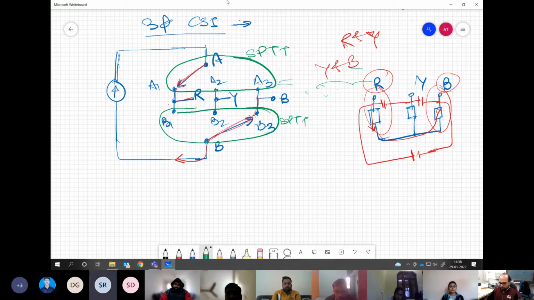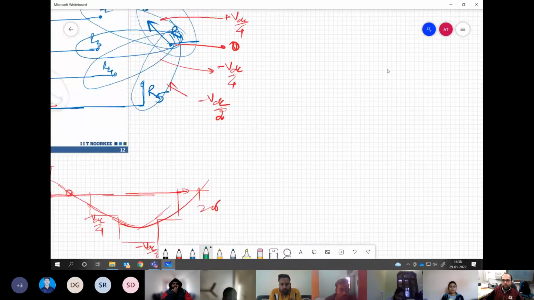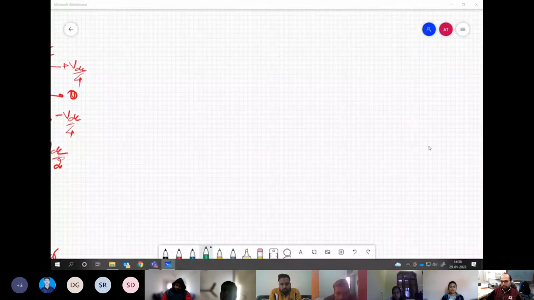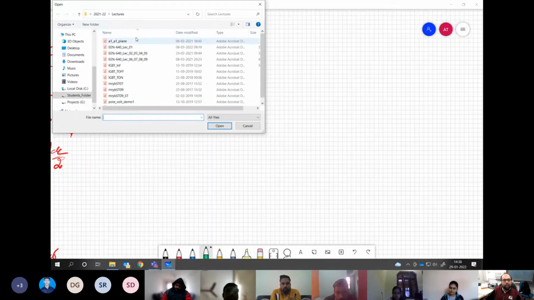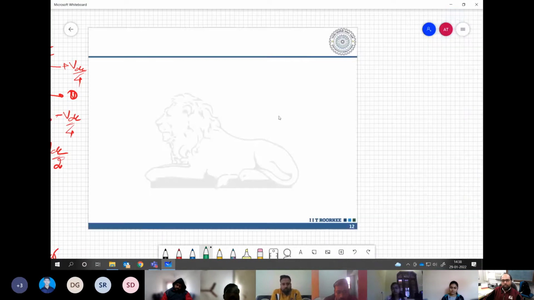Good. Now, the bigger question comes, how to realize these converters through the practical switches, which means IGBT, diode and all that, right? That is the important thing to do now.